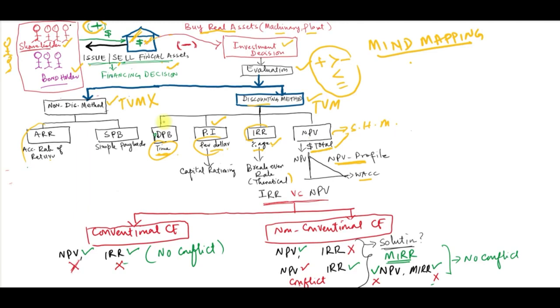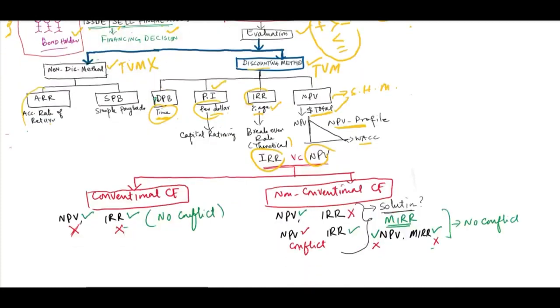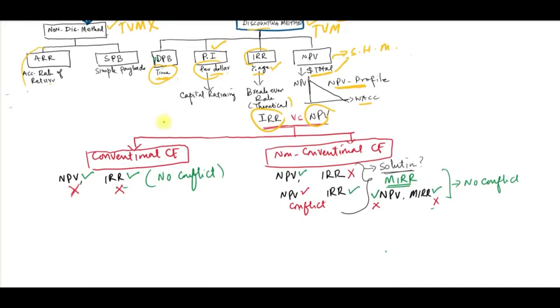After that we have two techniques, NPV and IRR. There are some issues in IRR. We have to choose between IRR and NPV, and to do that we need some understanding of conventional cash flows and non-conventional cash flows. In conventional cash flows, if NPV says accept, this green means accept, IRR also says you should accept.